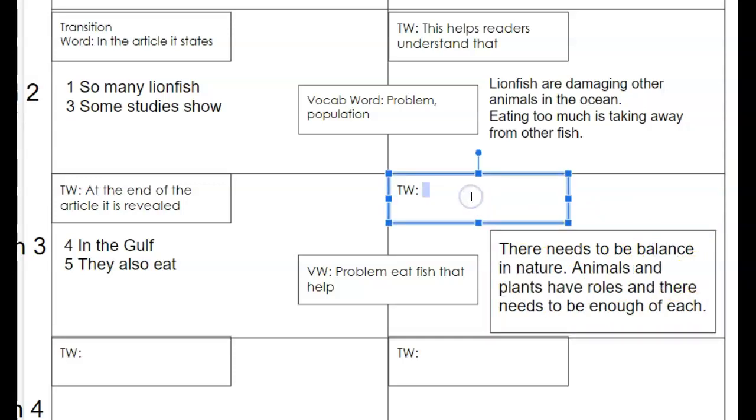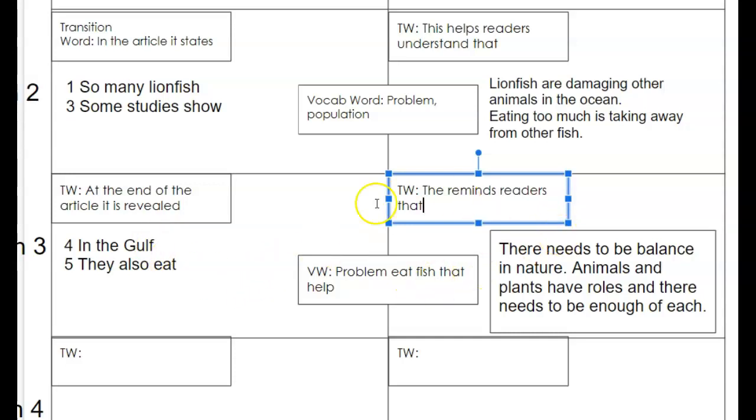So my transition phrase could be, this reminds readers that, and then this goes back to something that I know from life that I'm relating to the information that they gave me about how certain fish are keeping the reefs clean so that they don't get smothered.